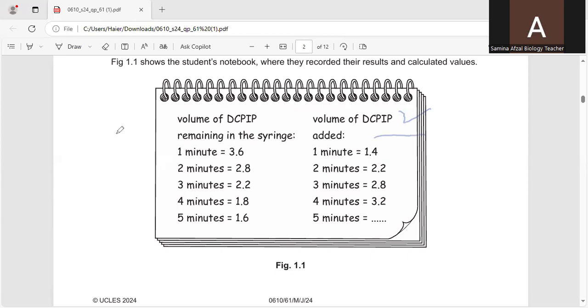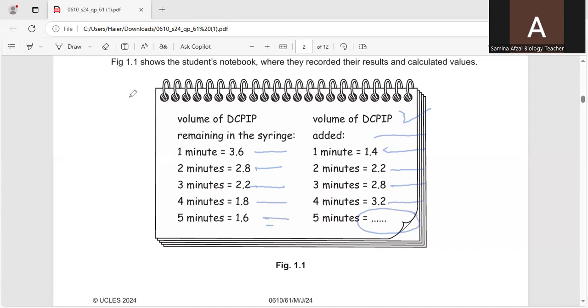In the first minute, it was 3.6 remaining and 1.4 added, then remaining 2.8 and added 2.2, remaining 2.2 and added 2.8. At 4 minutes, 1.8 and 3.2, and 1.6. So this value is not given. This is the missing value. We have to calculate this missing value.